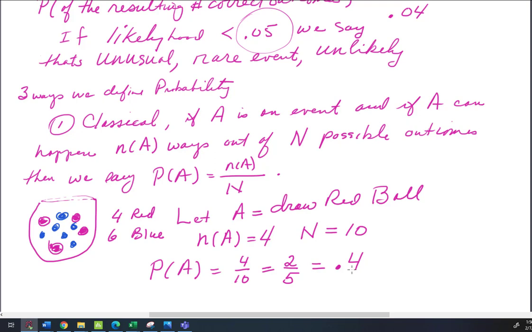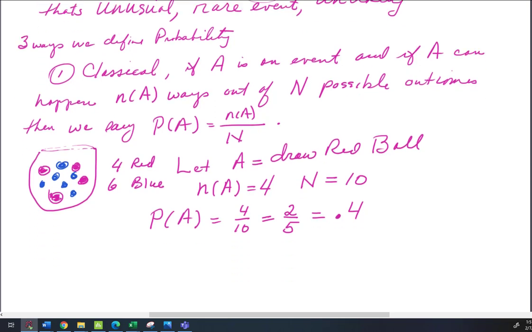Here, 0.4, and if I wanted to use 3 decimal digits, it would be 0.400, so that's the same as 0.4. Other times, when we're calculating more complicated events, I usually use 4 digits for probability. I think Marty Triola is more apt to use 3 digits. That's not worth arguing about. So this would be the classical definition of probability.